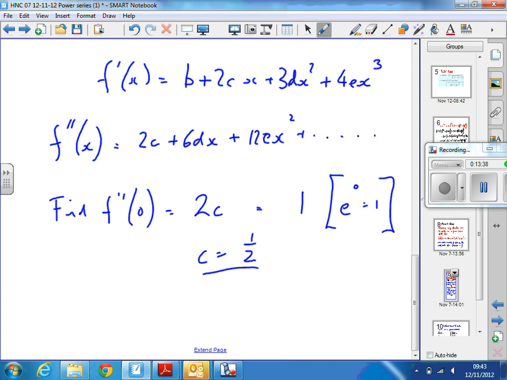Similar thing. We've got to find d by finding the third differential. So would you like to do that? Take this second differential here, the one we just arrived at, and differentiate that to find the third differential. So f triple prime x equals. And then you go to Roman numerals, actually.